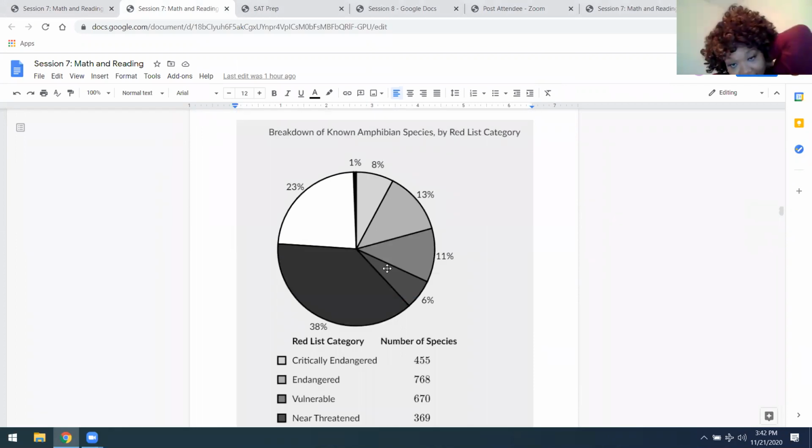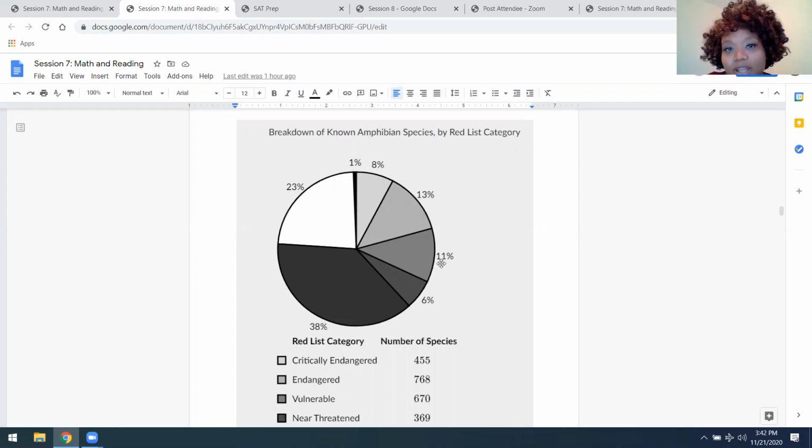We have to first ascertain the third largest category. The first largest is 38%, meaning that's the biggest. The second largest number after 38% is, we're looking 23%. Now, the third largest, meaning it's just under 23, is 13%.